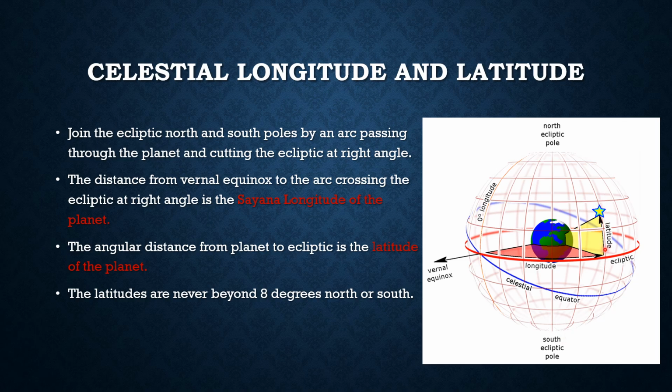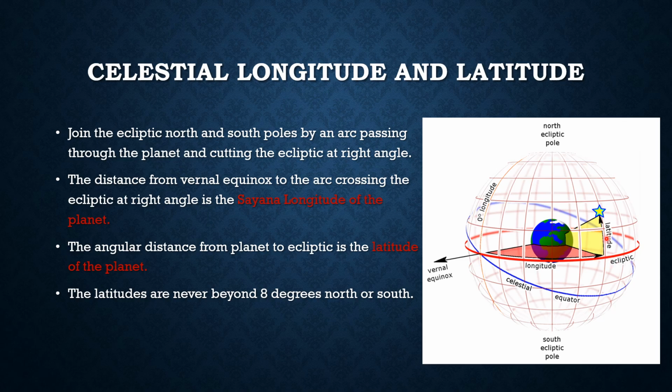So wherever it crosses or touches the ecliptic, consider this point. This is the point where it touches the ecliptic. So from the vernal equinox to this point where this arc that is coming through the star touches the ecliptic, this entire angular distance is called the longitude of the planet.